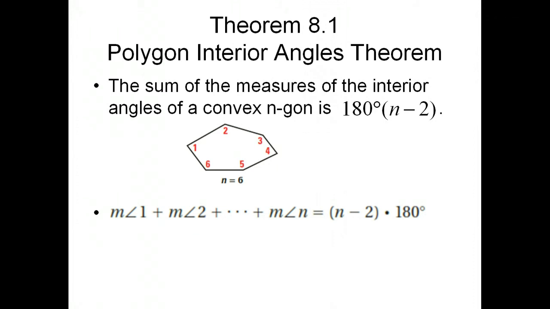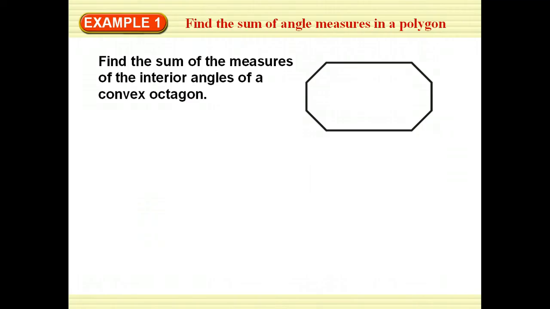So if the number of sides of the polygon, say a pentagon, is 5, then it will be 3 times 180, because when you have 5 sides, when you draw your diagonals, it forms 3 triangles, and so I would have 3 times 180. So find the sum of the measures of the interior angles of a convex octagon.